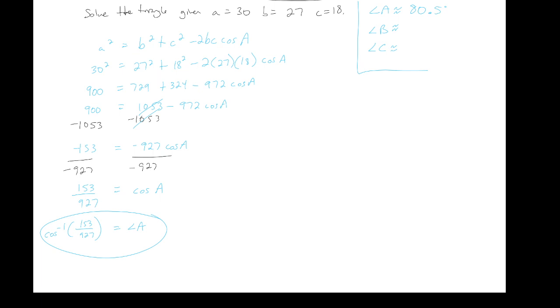All right. So continuing on, let's find angle B, right? So we're going to take the sine of B over 27 is going to be equal to the sine of angle A, which is 80.5, over A, which is 30. Okay, so then I'm going to have the sine of B is equal to 27 times the sine of 80.5 over 30. Then I'm going to take the inverse sine of both sides.